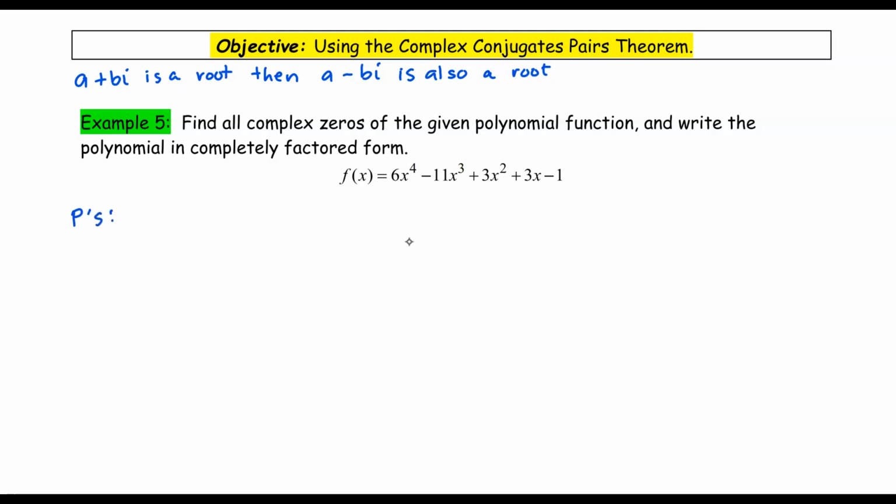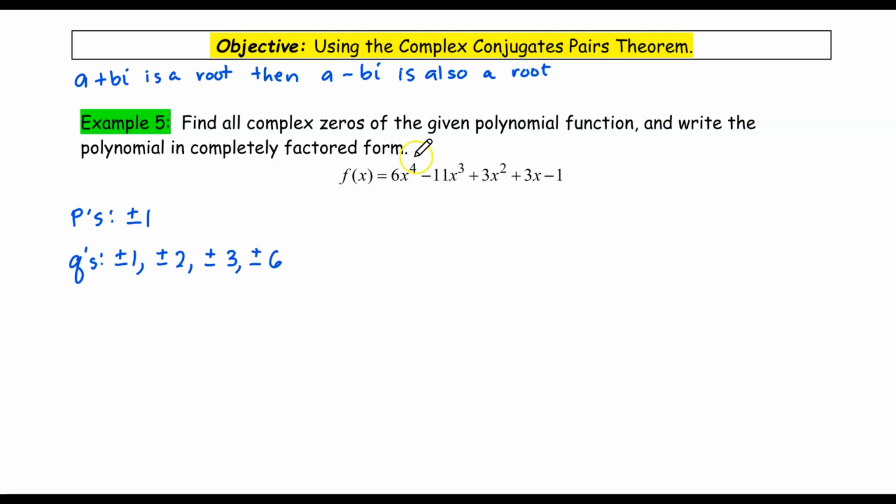Your p's here are the factors of the constant term, that's 1. And the q's here are factors of the leading coefficient, which is 6. So plus or minus 1, plus or minus 2, plus or minus 3, plus or minus 6.